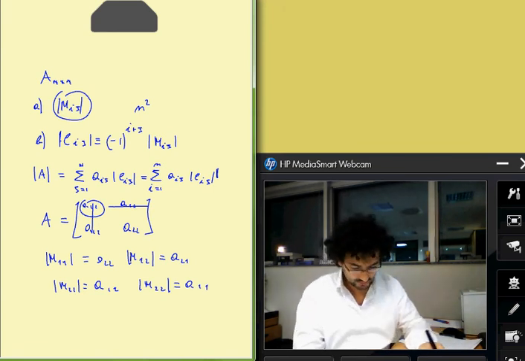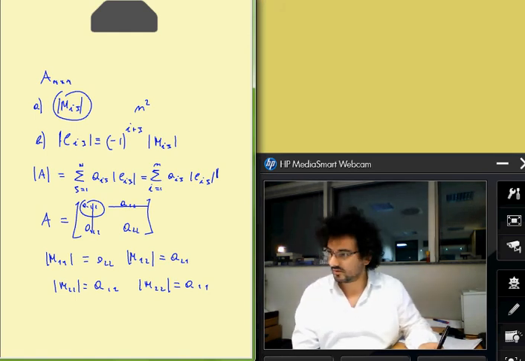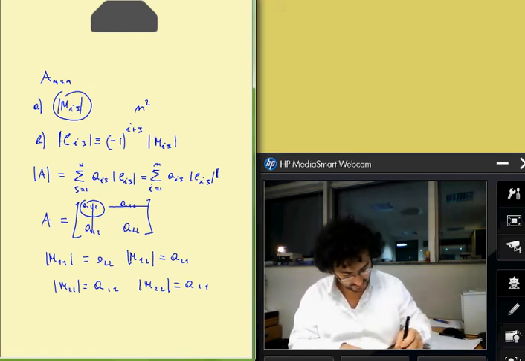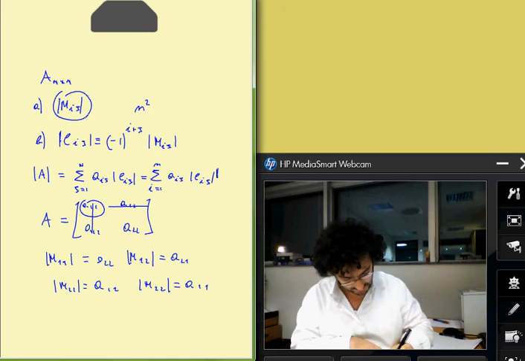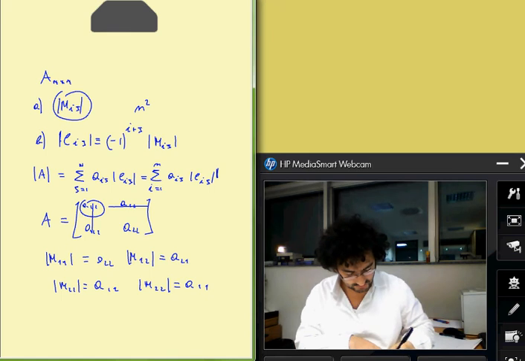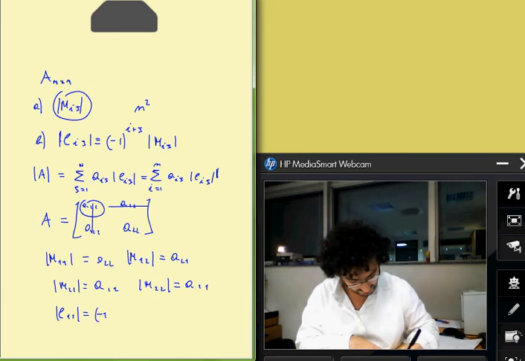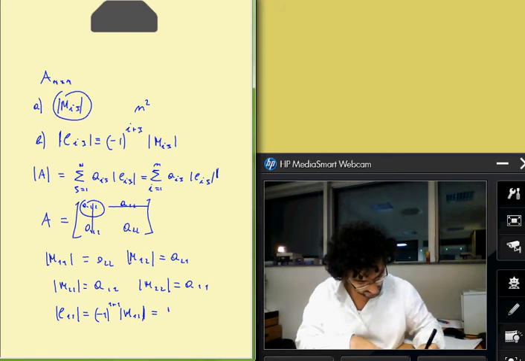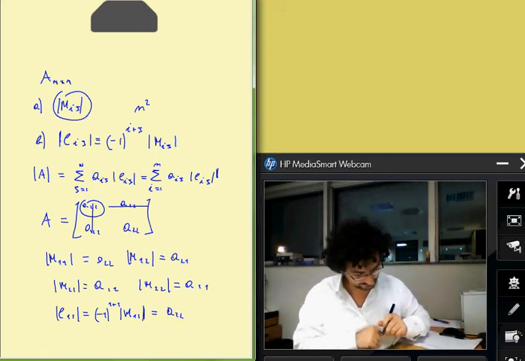In order to get the cofactors, we need to consider the position, the row and the column, of each element. So the cofactor C11 will be equal to minus 1 to the power 1 plus 1 times M11, so it will be equal to A22.